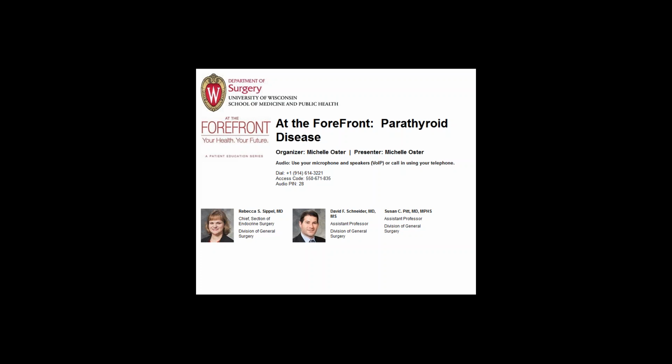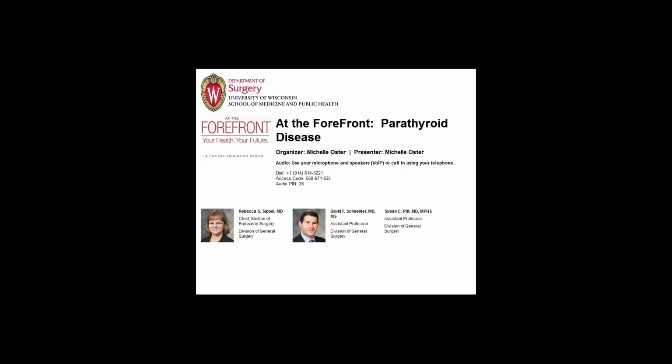Sestamibi scans often, though, lack finer detail that we can see with either ultrasound or CT scans, which are more invasive. They also involve radiation and contrast, but they do provide that fine level of detail. And so we do use CT scans. Often they're used for reoperative surgery when localization is key.